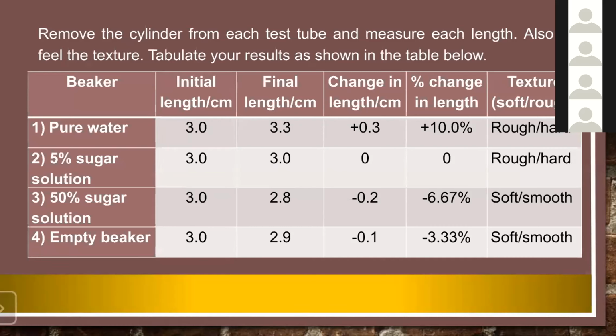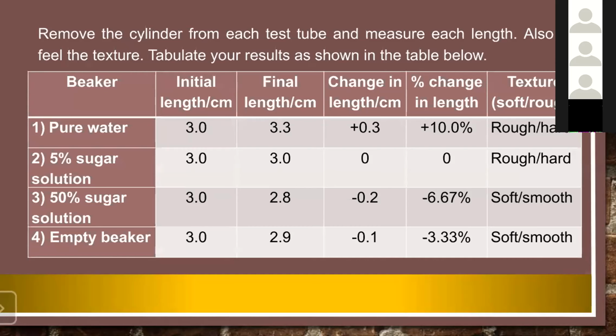When you compare the initial length with the final length, pure water, 5% sucrose solution, then 50% sucrose solution, which one could be isotonic? Sorry? Empty beaker. 5% sugar solution.